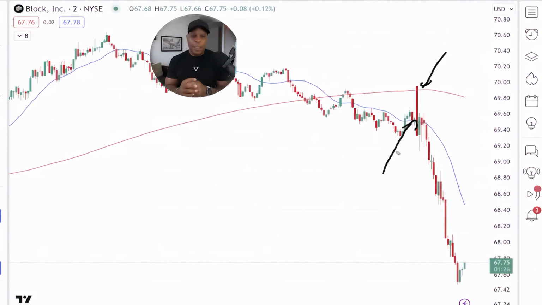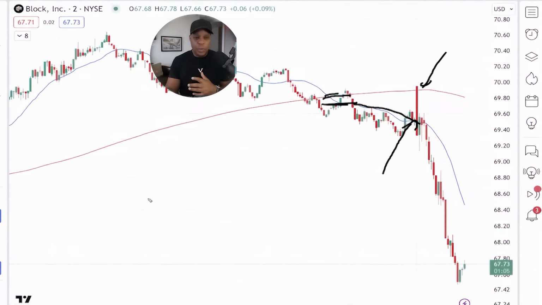All right. And so they're not that far apart, but you can see that the really narrow part was here, where they're really close together, and it's just starting to separate. So you're at the beginning of a possible move away.